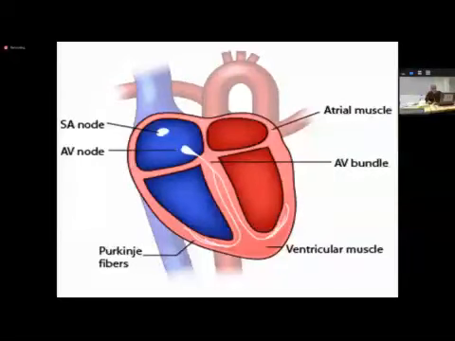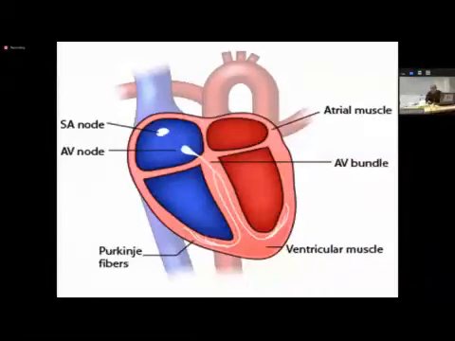Second, as I said, all are self-excitable, but the excitatory rate of the sinoatrial node is highest all over the heart, which is between 60 to 120 times per minute. So because of the last two things, which last two things?